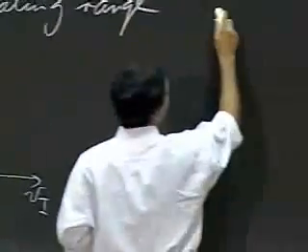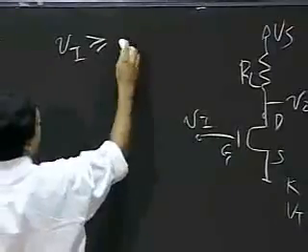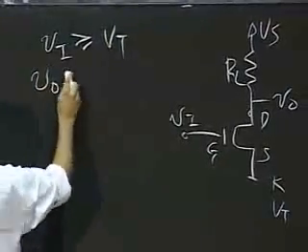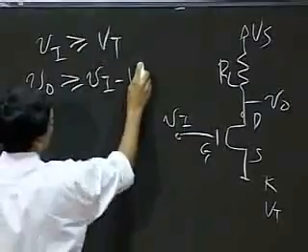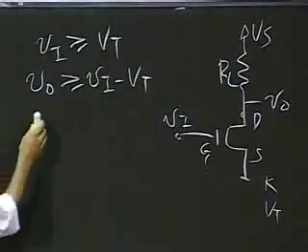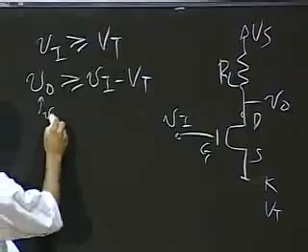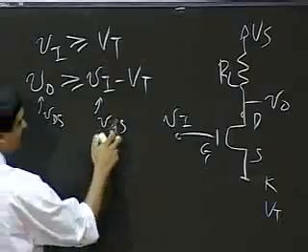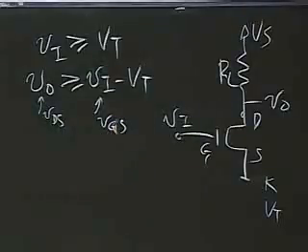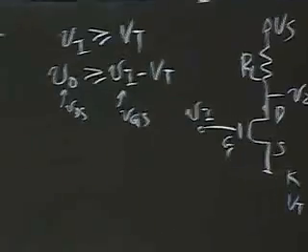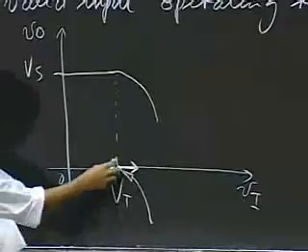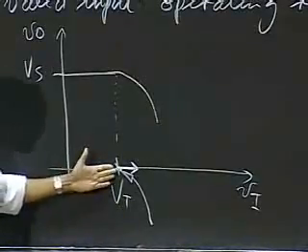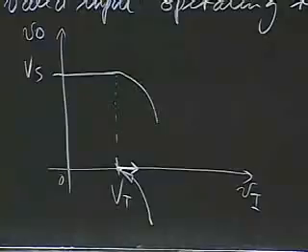Let me just write down both equations here. So Vi greater than or equal to Vt is one of them, and Vo greater than Vi minus Vt is the second equation. And just remember that this is the same as VDS, and this is the same as VGS. So Vi must be greater than Vt for the MOSFET to turn on, and so therefore the valid operating range starts at this point and is somewhere up here. Okay, so the first part is pretty easy.